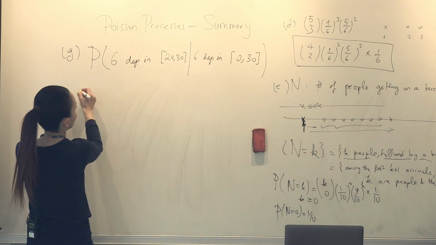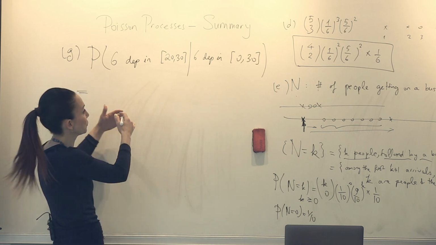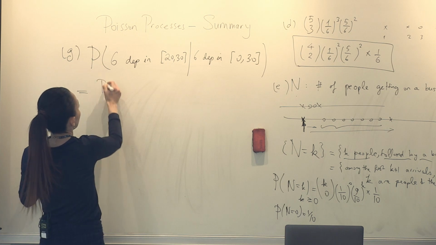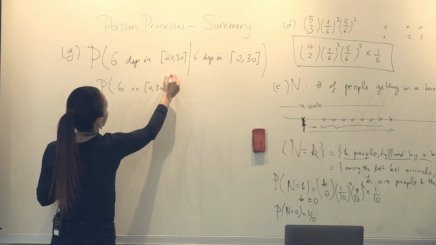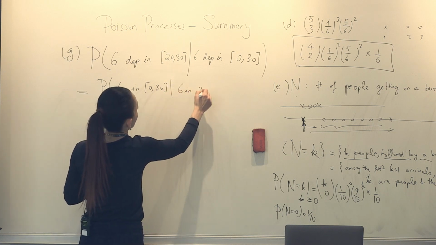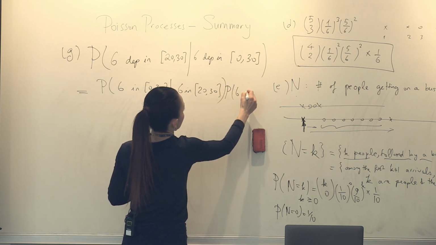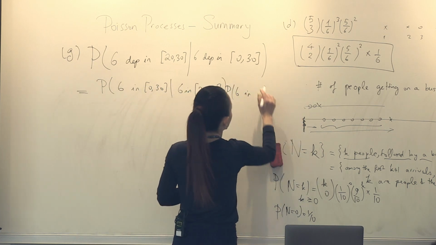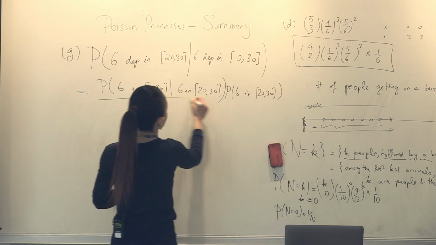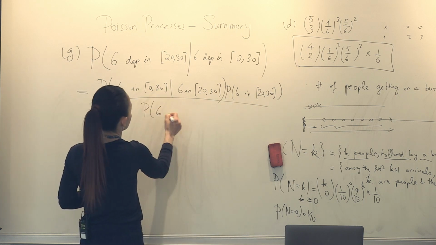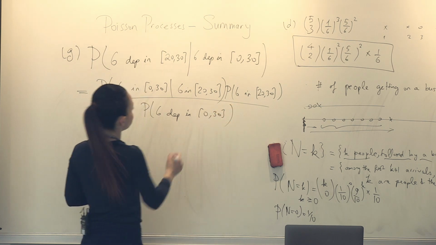But I can also turn this around using the definition of conditional probability or Bayes rule. Probability of 6 in 0 to 30, given 6 in 20 to 30, times the probability that there are 6 in 20 to 30, divided by the probability that there are 6 departures in 0 to 30, right?